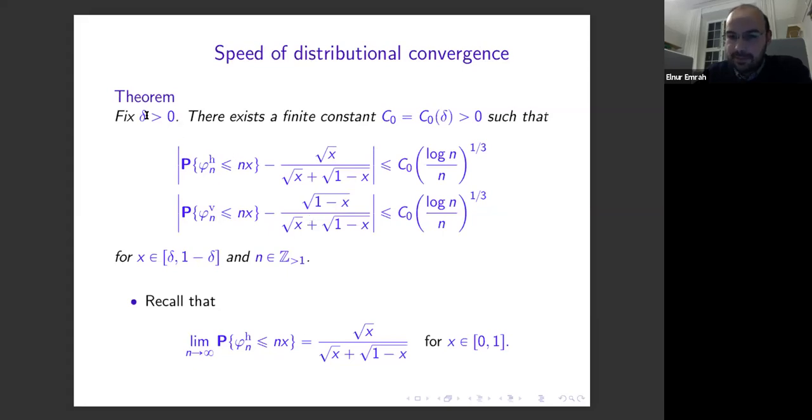If you fix delta, and look at the difference between the CDF of the rescaled horizontal coordinate and the limiting CDF, then uniformly, when x is away from the boundaries, it's uniformly true that this is bounded by at most n to the minus 1/3, up to logarithmic factors.